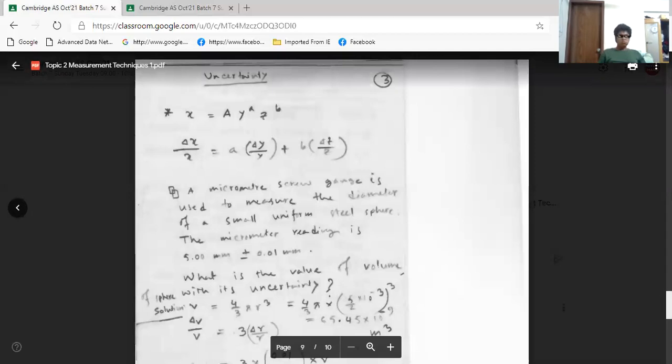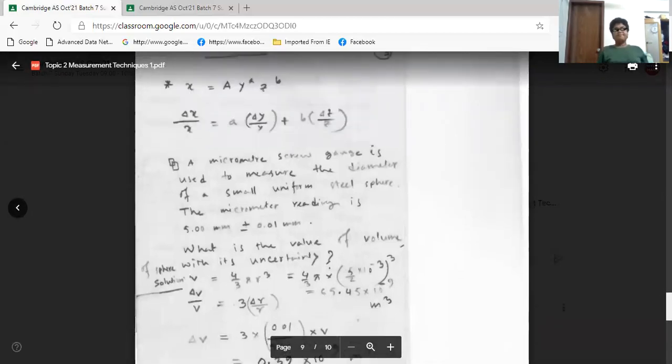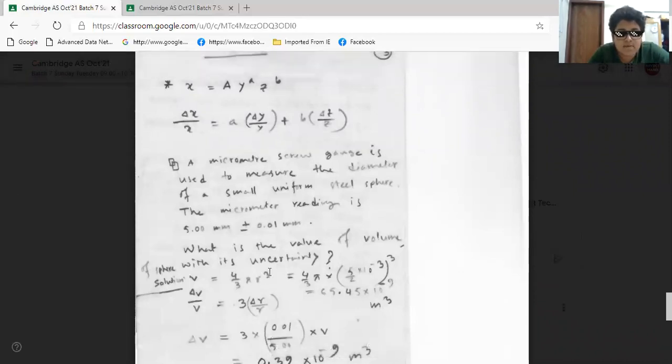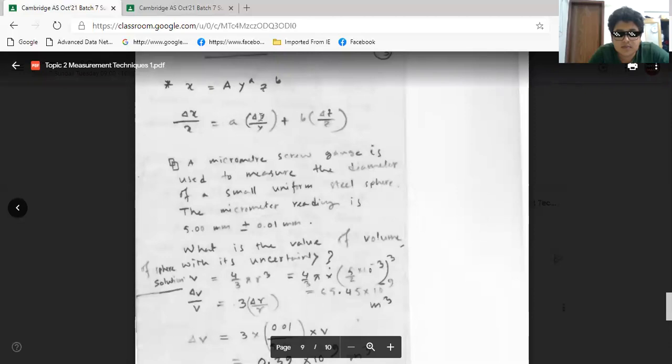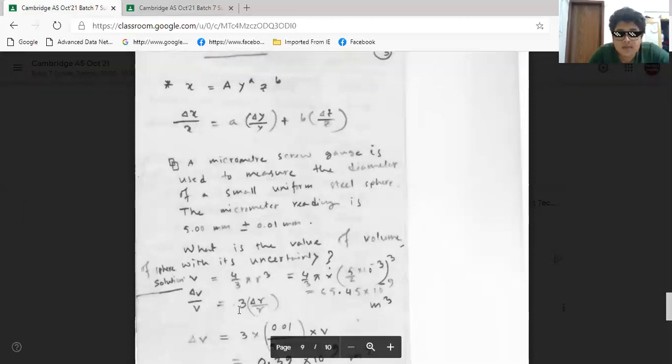Now we got power here, right? r cube. So like our previous example, in the formula this 3 will come in front, right?